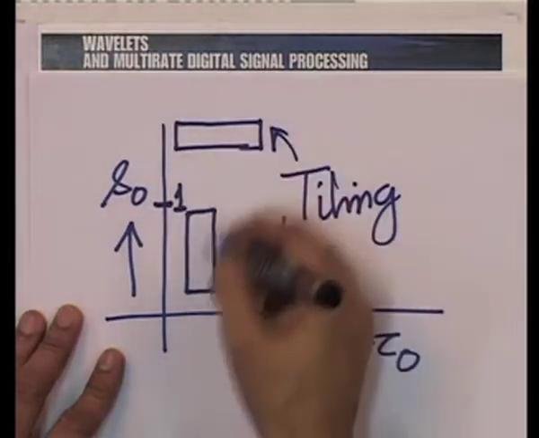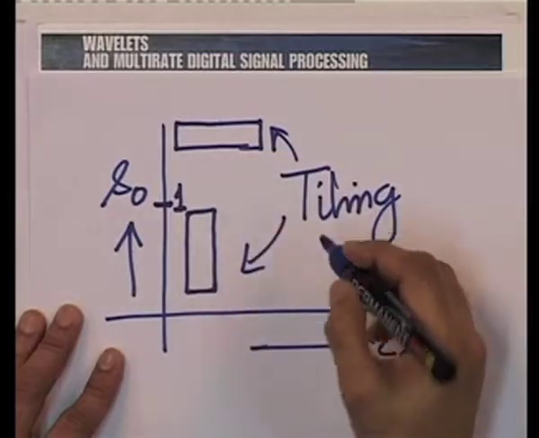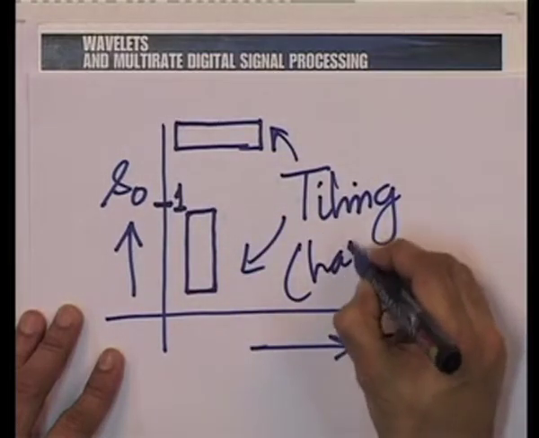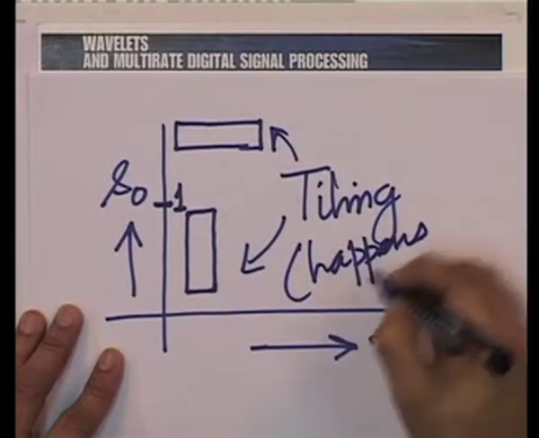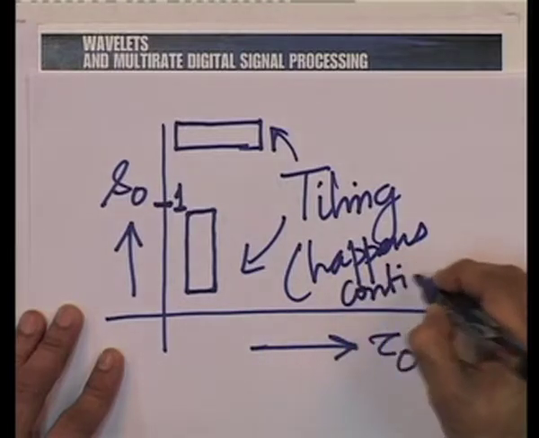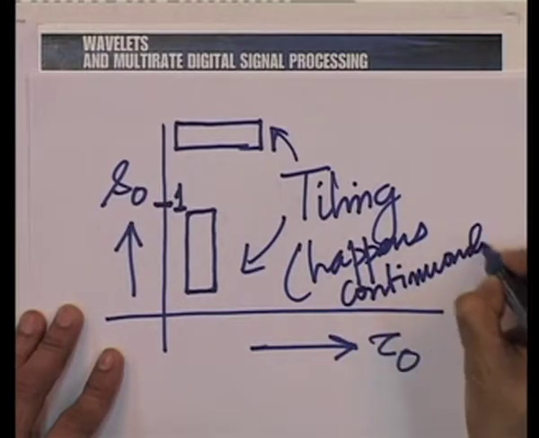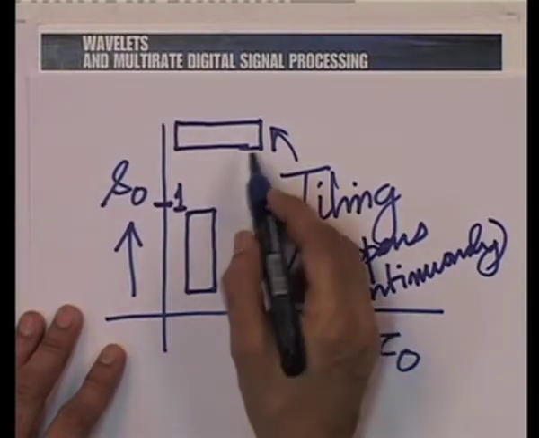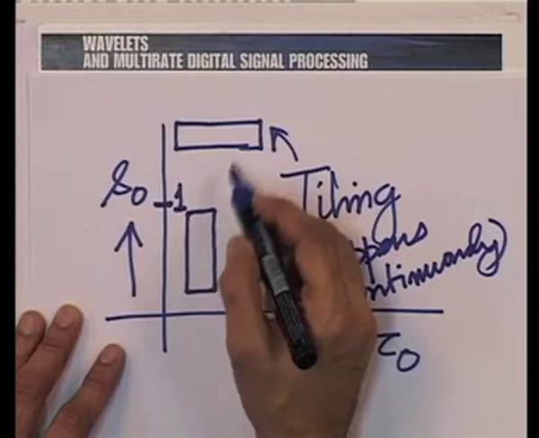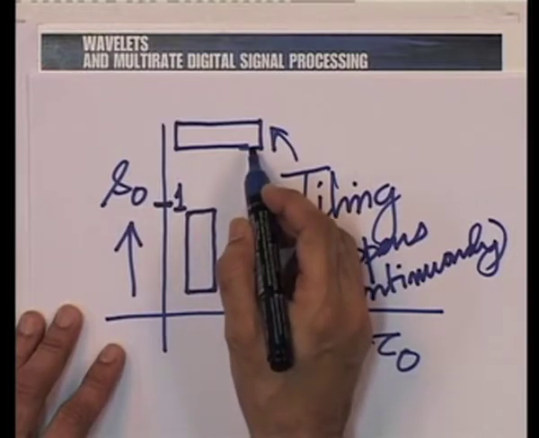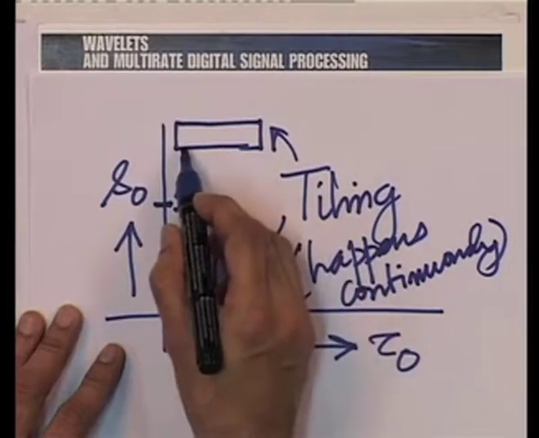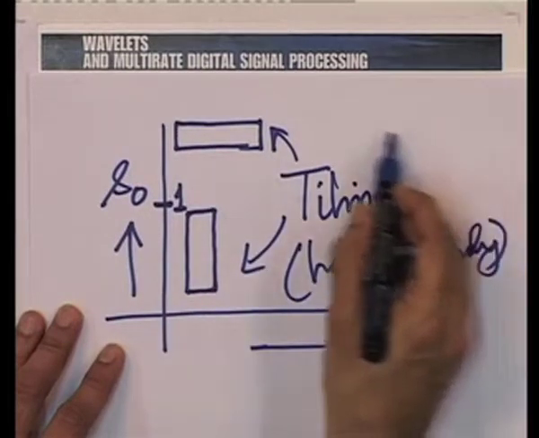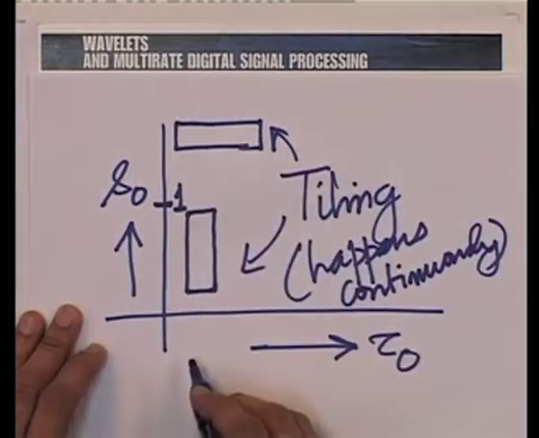And you must visualize this as happening continuously. You should think of these tiles as either rubber tiles or elastic tiles. So, when they move along the time axis, there is no change of area.